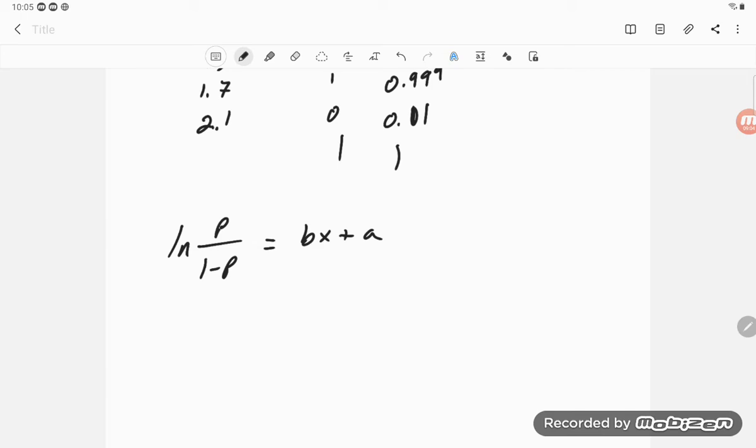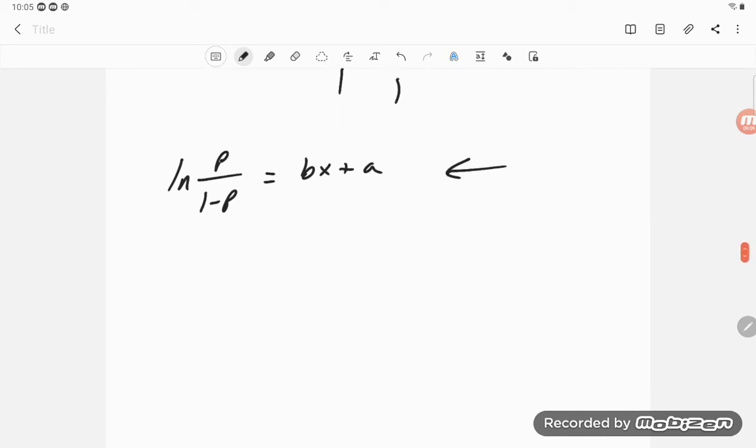That's what will come out of the regression. And then we can solve for P in this equation. We can do some algebra, and this is in your textbook.